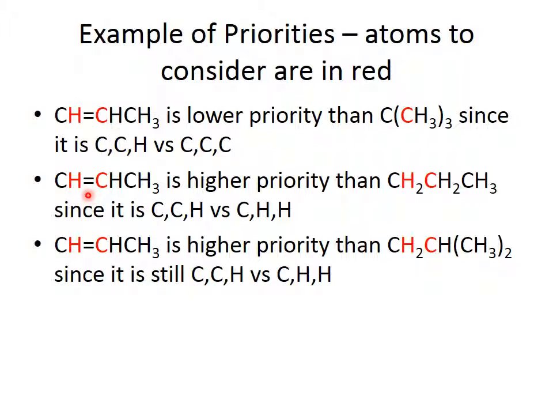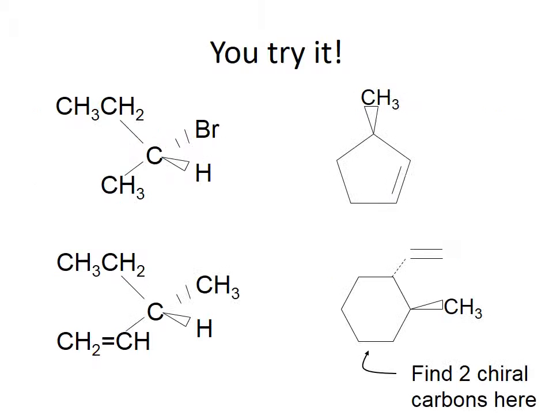If I look at this one, we have in the second layer out carbon, carbon, hydrogen. What do I have in the second layer out? Carbon, hydrogen, hydrogen. That's higher priority. If I look at this, carbon, carbon, hydrogen, and then here, carbon, hydrogen, hydrogen, higher priority.